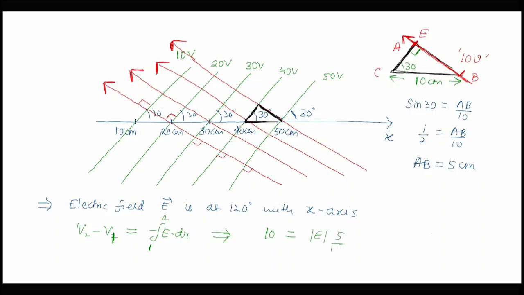So we are writing it as 5 by 100 meter, and the magnitude of electric field is 200 volt per meter, making an angle of 120 degree with the x axis direction.